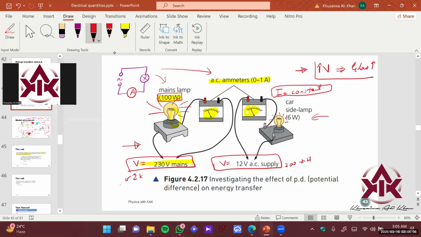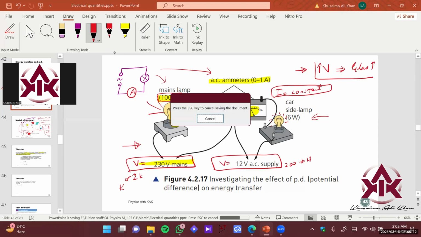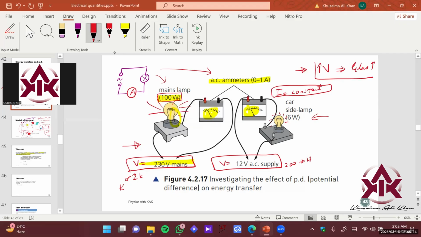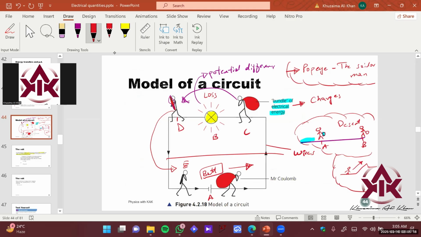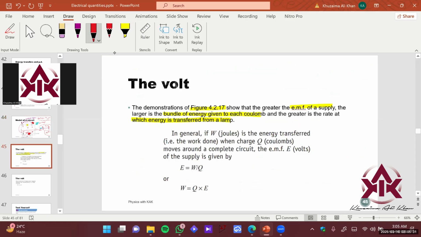Just imagine how much you can buy with this money. Now imagine this as charges. The amount of charge which they can provide to fill the bag of Mr. Coulomb is defined by their EMF. So the greater the EMF, the greater the size of the bag, and the greater the energy provided to the components, right?